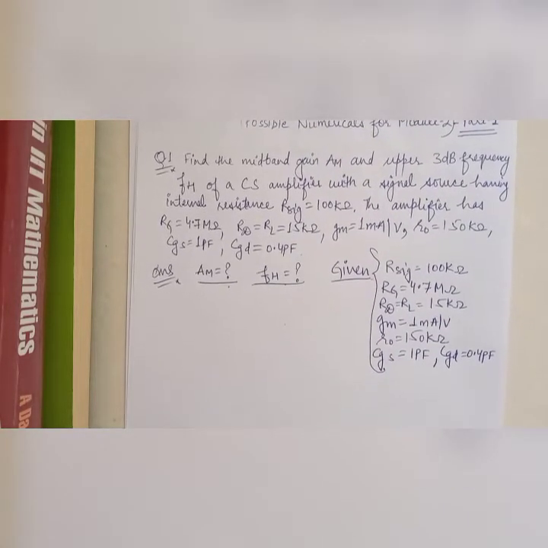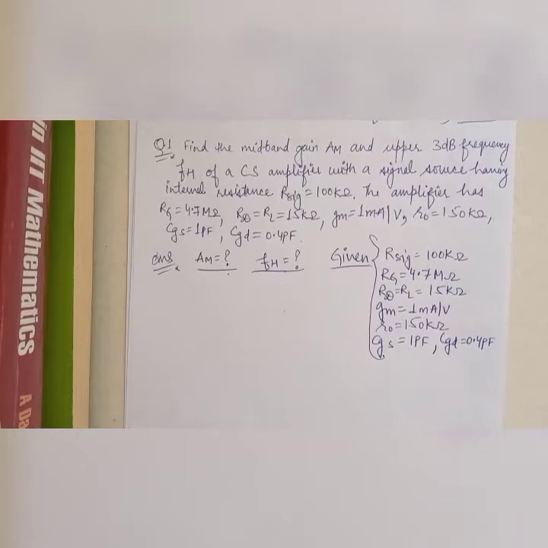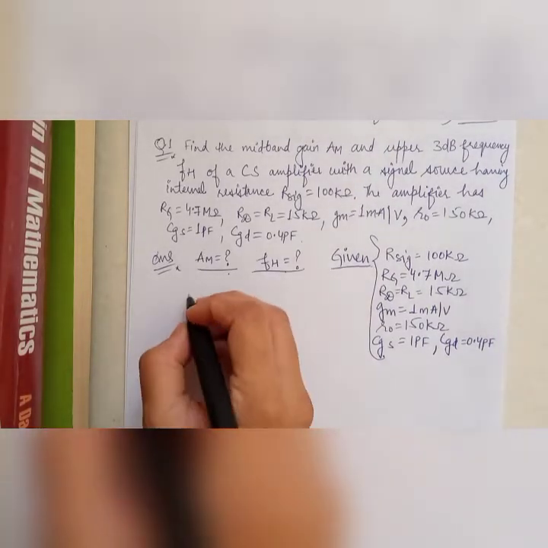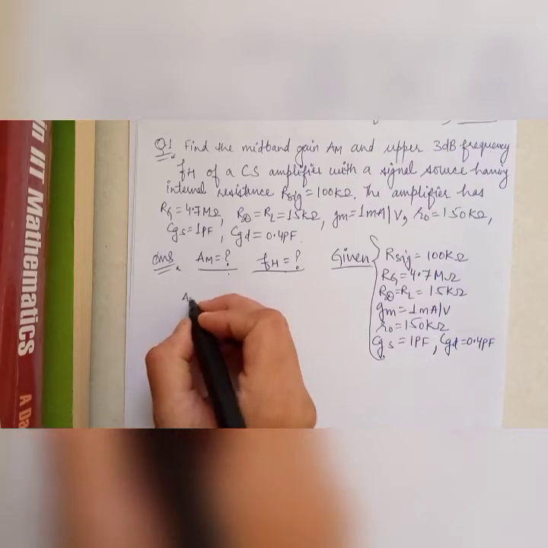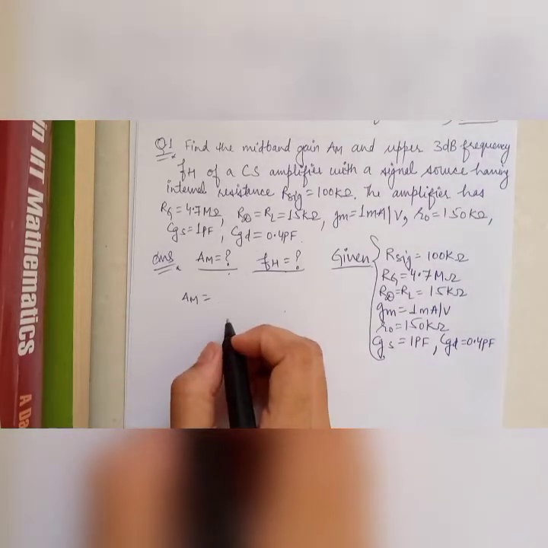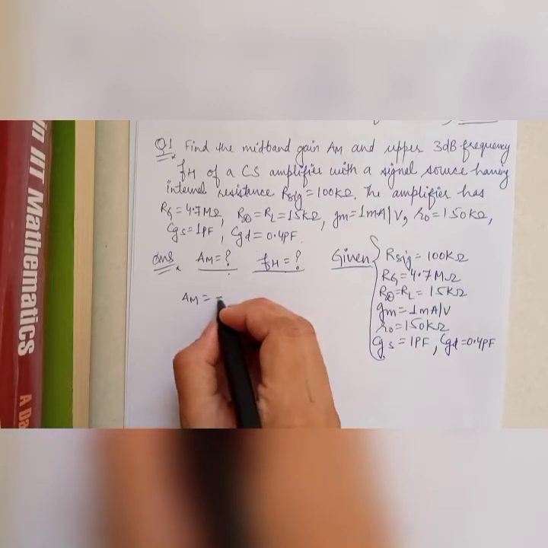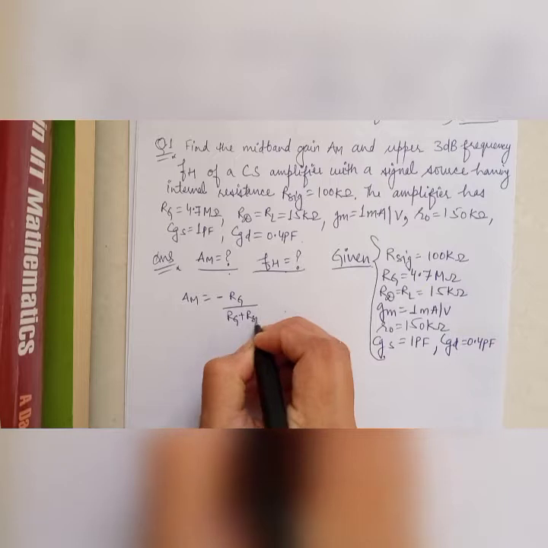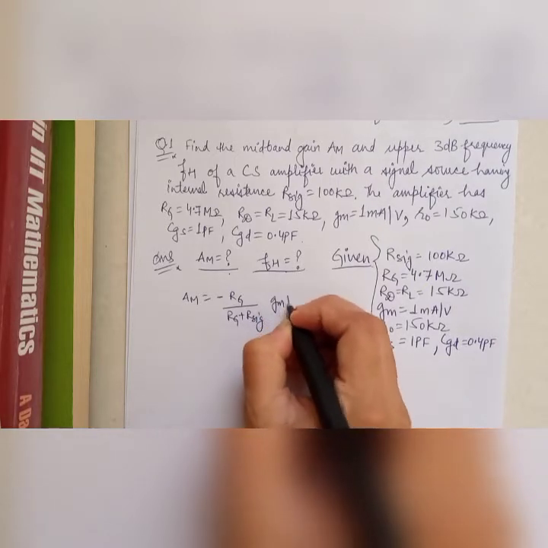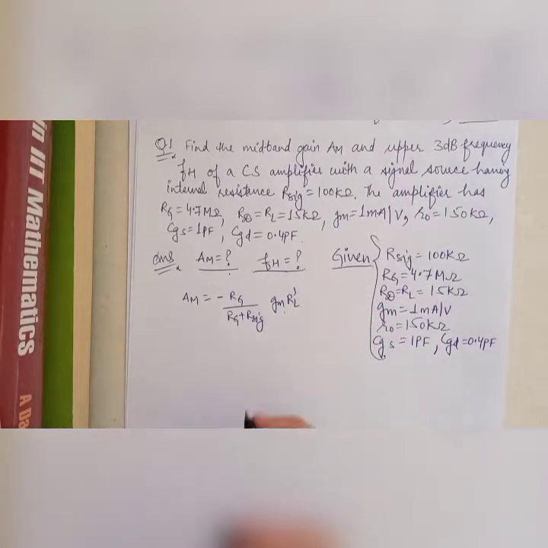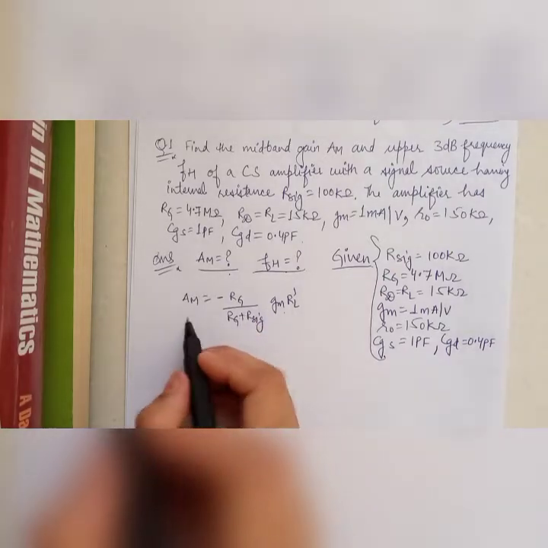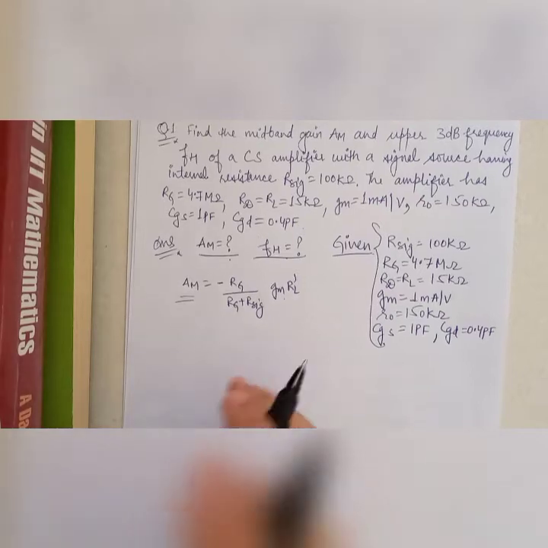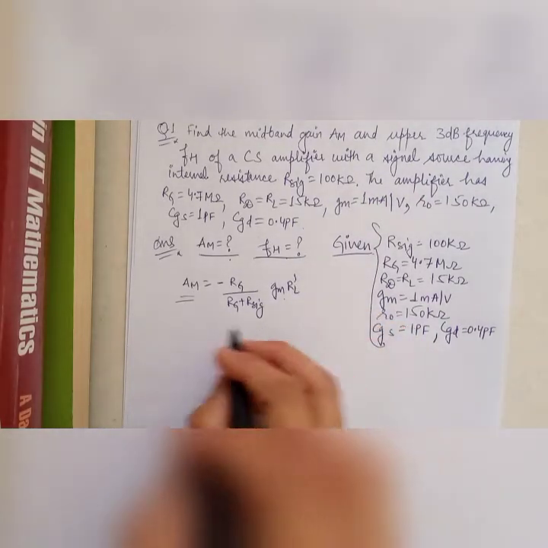So as per the theory, you can refer to my videos also for theory of this CS amplifier. So here, as per theory, we should know the formula of AM, that is the mid-band gain. If you see the formula, that is equal to minus RG over RG plus RSig into GM RL dash. So we need to use this formula to find out the value of AM here. Okay, so now I should know what is RL dash.